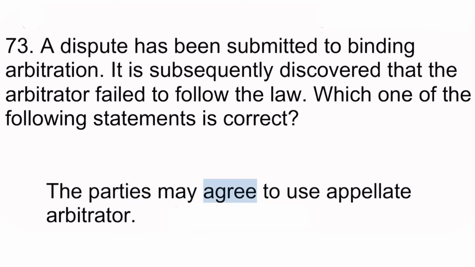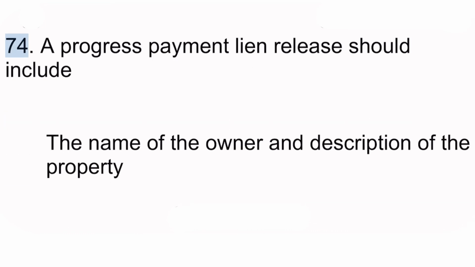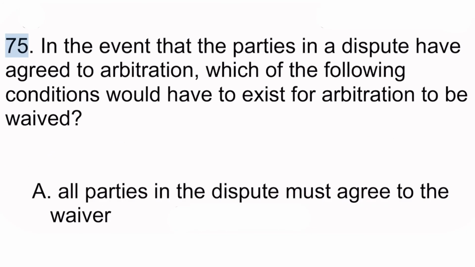The parties may agree to use an appellate arbitrator. 74. A progress payment lien release should include the name of the owner and description of the property. 75. In the event that the parties in a dispute have agreed to arbitration, which of the following conditions would have to exist for arbitration to be waived? All parties in the dispute must agree to the waiver.